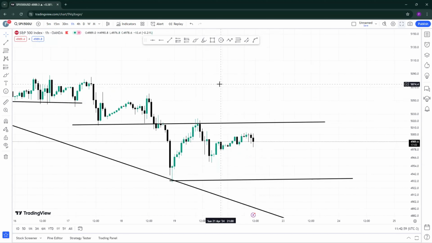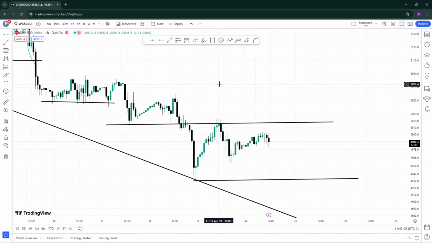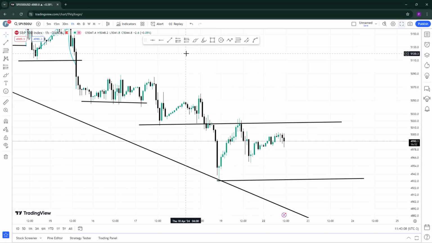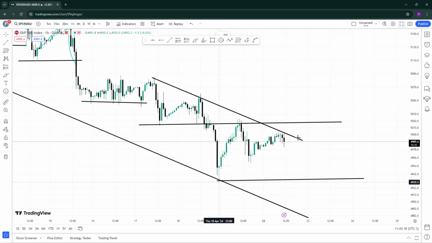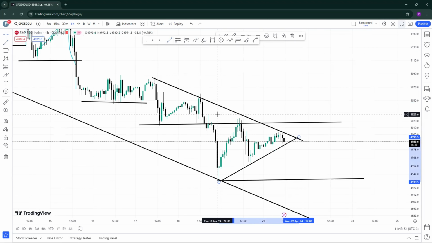At this moment, when I step down to the 1 hour time frame, we can clearly see a chart pattern. I can clearly see a bearish symmetric triangle. This is a bearish chart pattern.